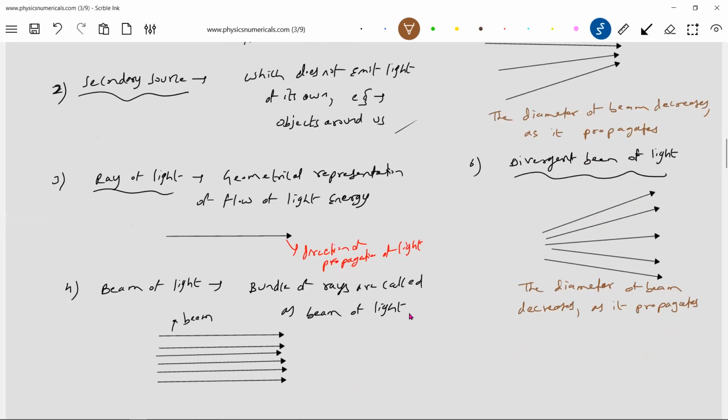Parallel beam of light. The diameter of the beam remains constant. Let me take the same diagram.